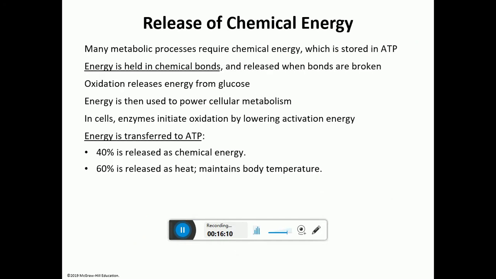Like I said, all of that energy is held in these chemical bonds, and of the energy that comes out, 40% is released as chemical energy, while 60% is released as heat in order to maintain body temperature. So that 40% is the part that we are going to harvest and store in the ATP molecules. The 60% is the heat that we make through burning of the glucose, released to keep our body temperature.